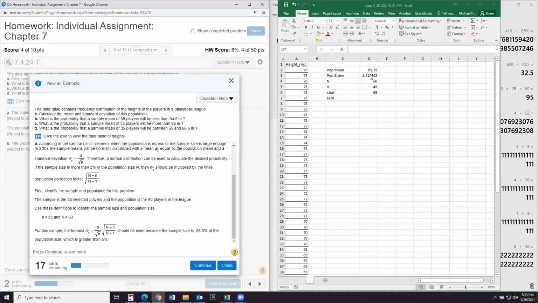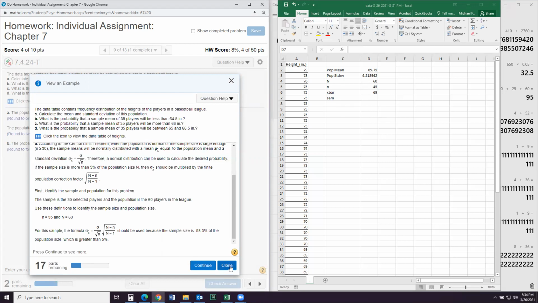And then, because in this case our sample size is so large relative to our population size, we're also going to have to do a finite population correction factor. And so that will give us our corrected standard error of the mean.